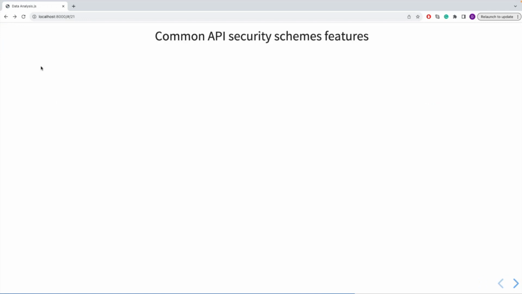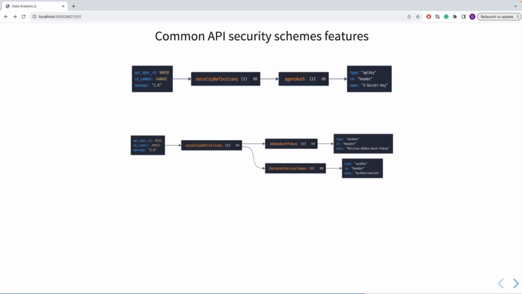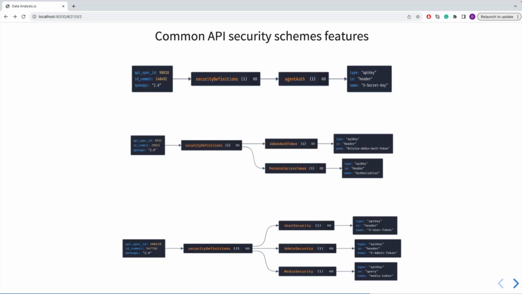The second case of study is about common API security schema features. I have these examples of several APIs using API key security authentication in the header, for example, and the developers are using this type of structure.